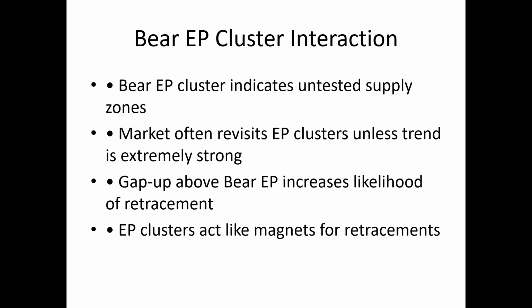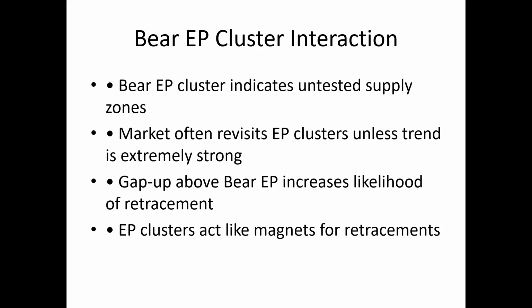Now, on my chart, I have coded the EP clusters. The bare EP cluster indicates untested supply zones. There is a bear EP cluster on the Nifty, an untested supply zone. Market often revisits EP clusters unless the trend is extremely strong.